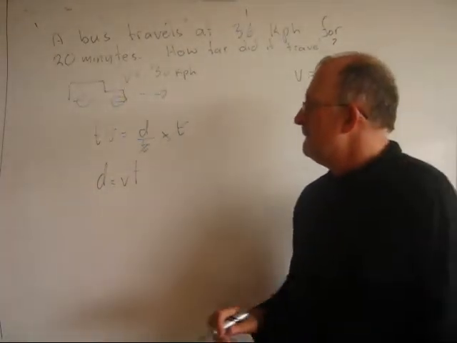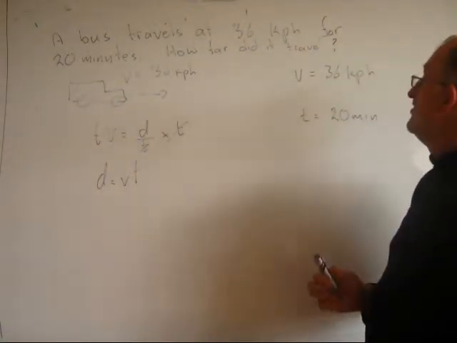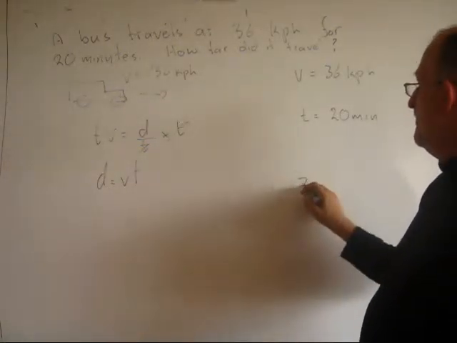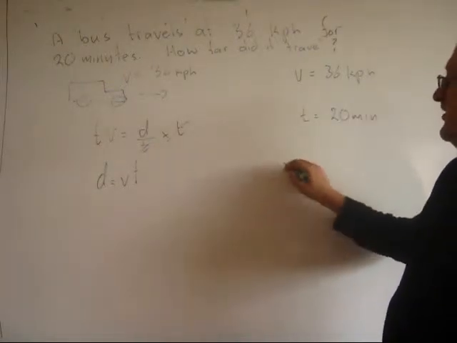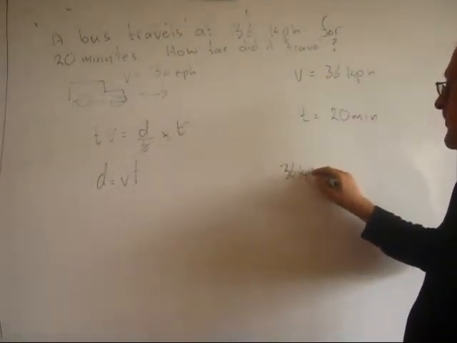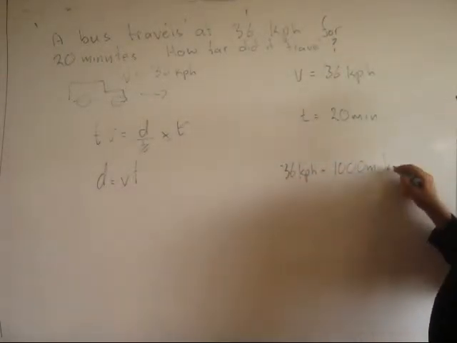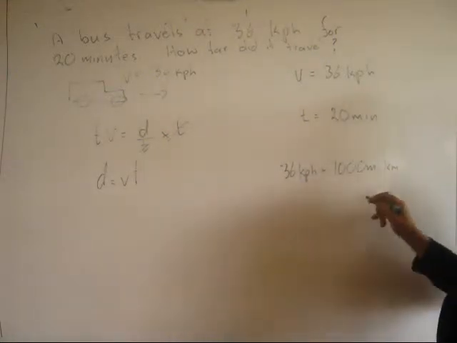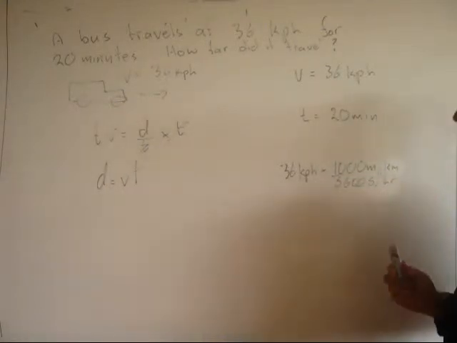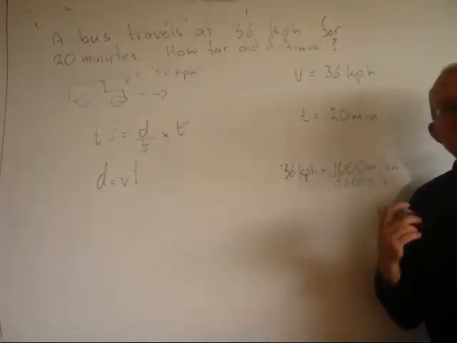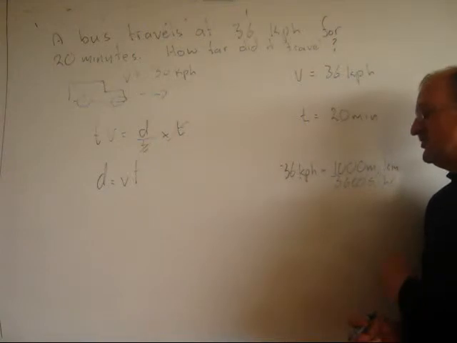So what we're probably going to have to do is convert these numbers into base units. So let's try that again: 36 kph times 1,000 metres per kilometre, and divide that by 3,600 seconds per hour, because remember it's kilometres per hour, so each hour has 60 minutes, each minute has 60 seconds, so 60 times 60 equals 3,600.